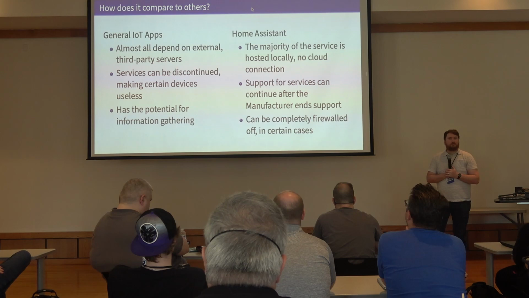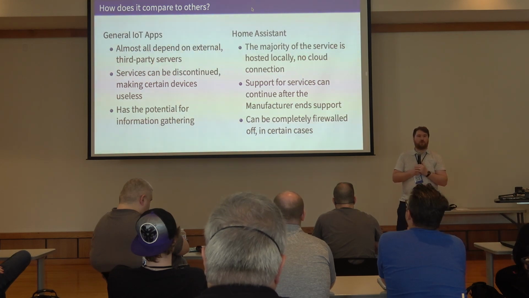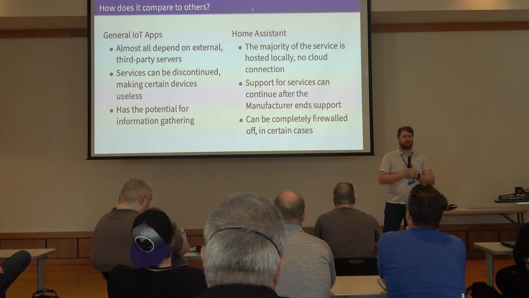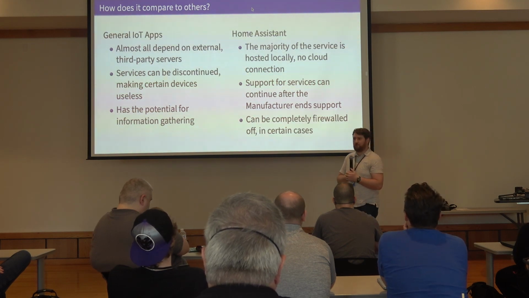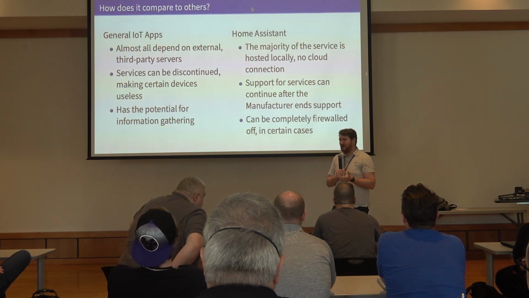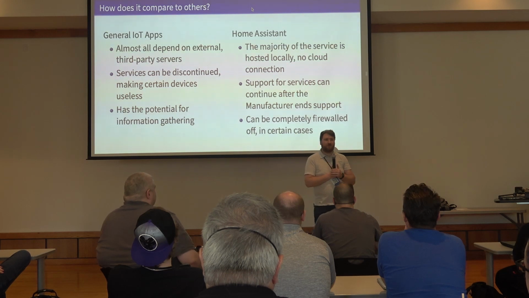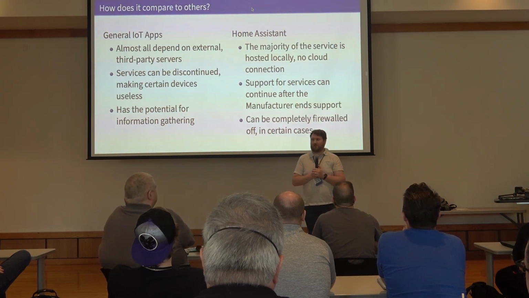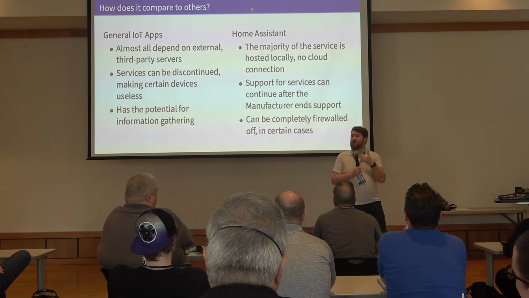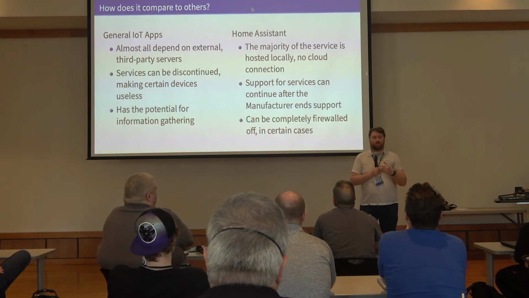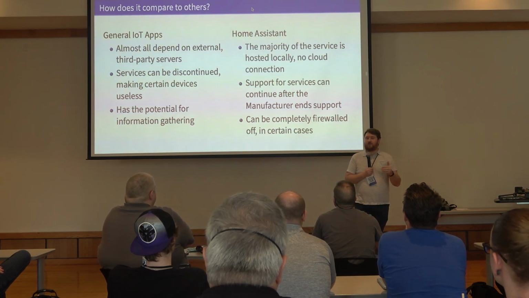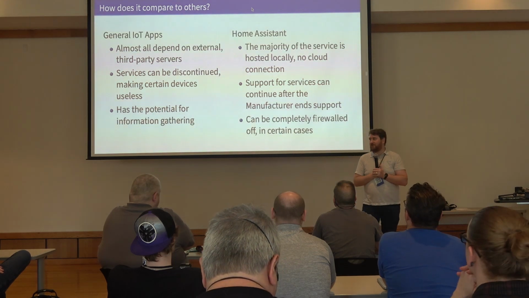What happens if, heaven forbid, Philips Hue gets discontinued? Anybody that has those devices, dependent on those servers, their lights don't work. What happens if Amazon goes down? AWS East. All of a sudden, you can't turn on your lights? That's kind of stupid. Home Assistant works around this by using local control and communicating directly with those devices so that you're not dependent on Amazon or any of those external services.